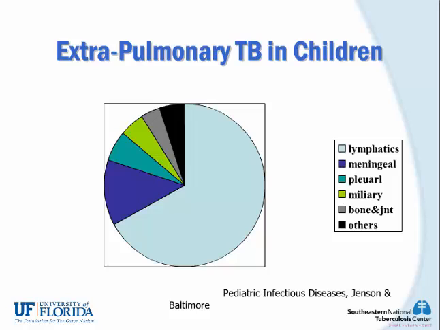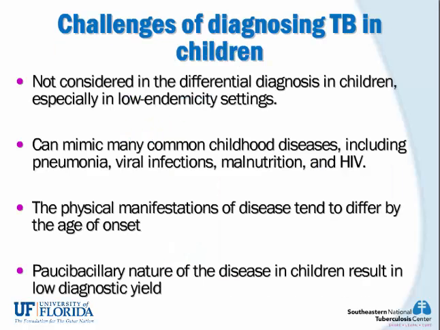What are the challenges that face us as doctors in diagnosing tuberculosis in children? TB is not always considered in the differential diagnosis of children, especially in areas with low endemicity. Tuberculosis can mimic many common childhood diseases and infections, including pneumonia, viral infections, malnutrition, and HIV.